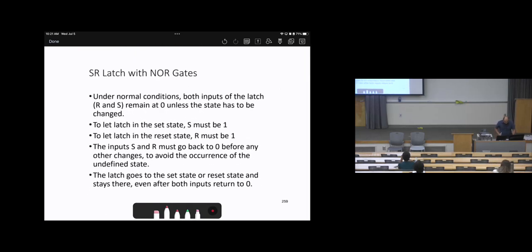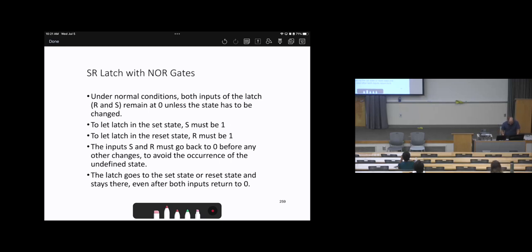So under normal operation, if the data is stored and I don't want to change the data, they both are zeros. If I need to make a set, or to store a bit 1, I will make S equal 1. After that, when I'm done, make it back to 0. If I need to store the bit 0, make R equal 1.